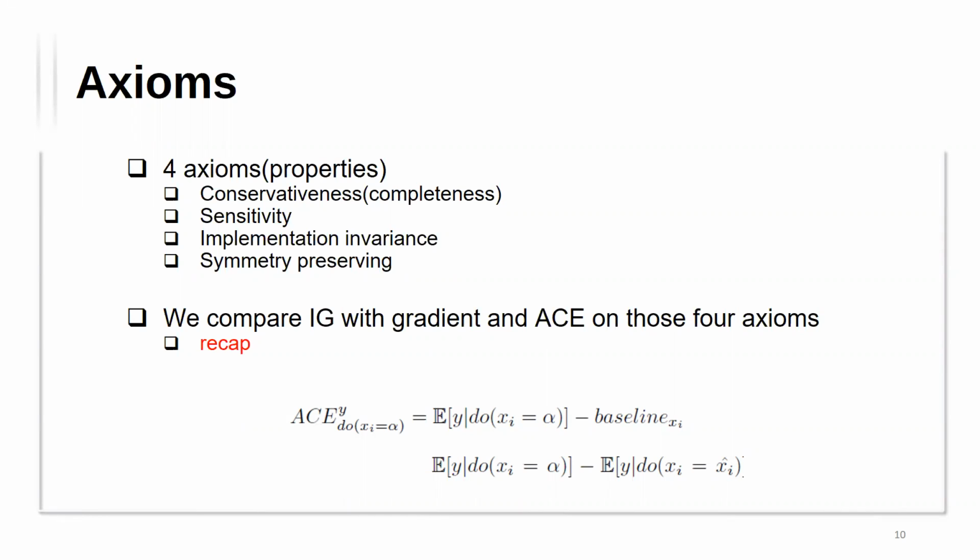To recap a little bit, the average causal effect is defined as the expectation of output y when you intervene on xi, for example, set it to alpha, over your whole training data set, minus the expectation of y when xi equals the baseline xi hat. So this is the average causal effect.